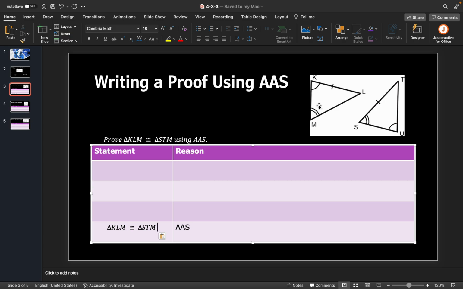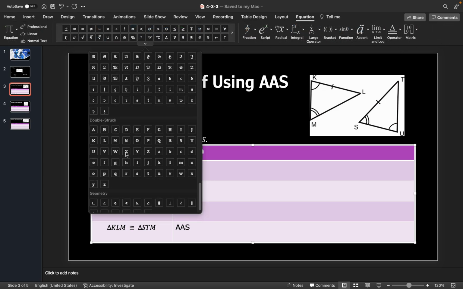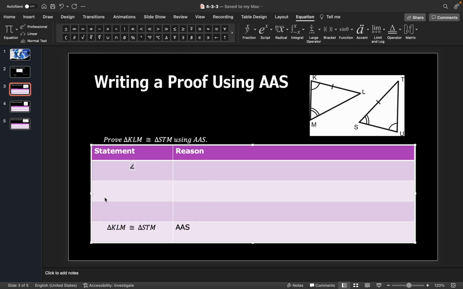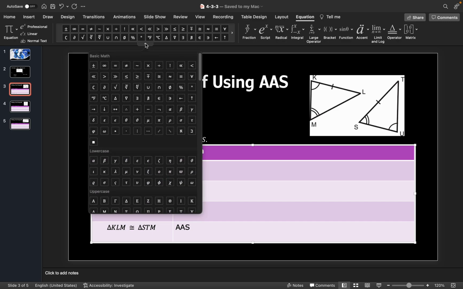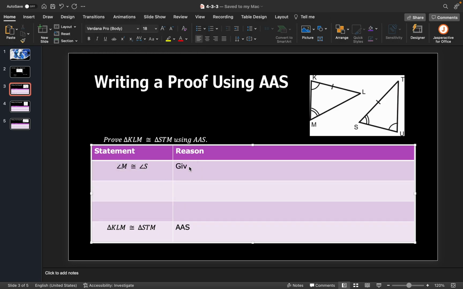Angle, angle, side. So I need to start out with angle M here, congruent to angle S. Using the equation bar, I can type out angle M is congruent to angle S. I know that because it's given in the picture with the congruent symbols.